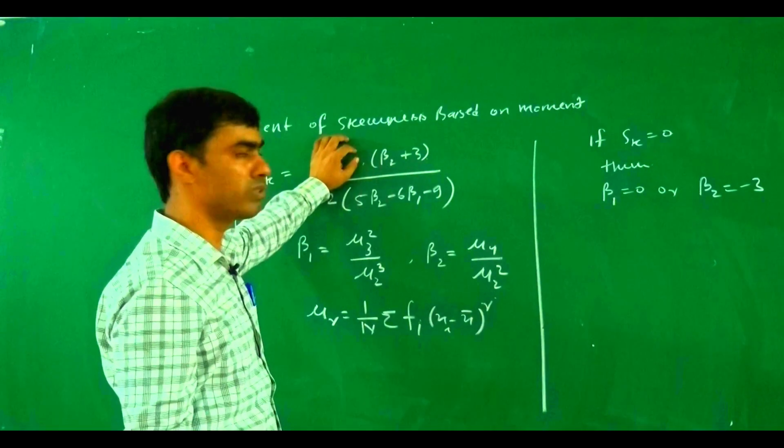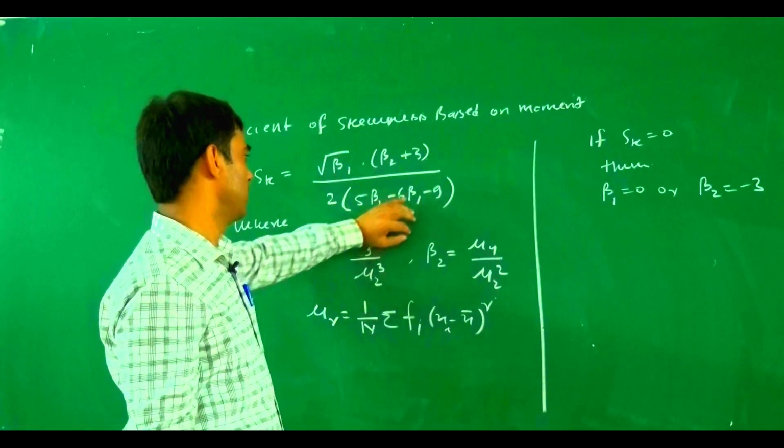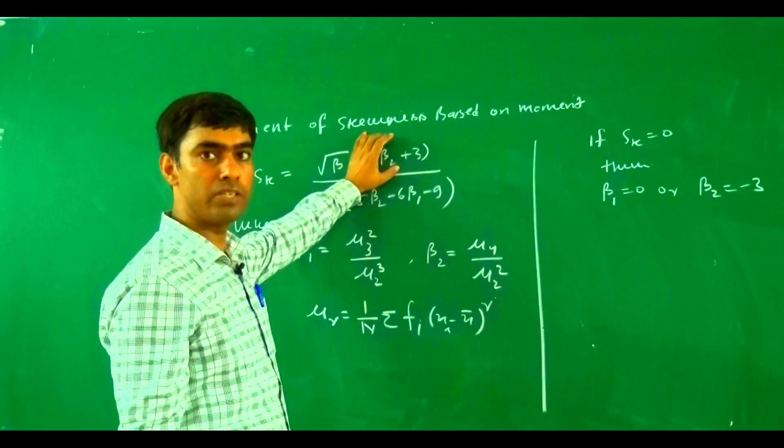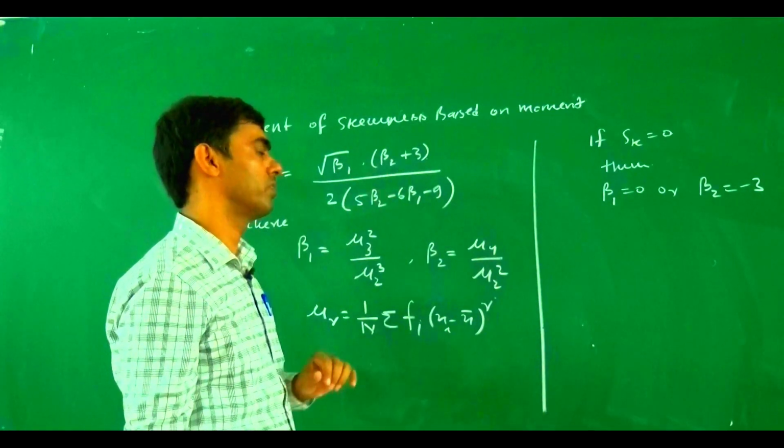Because if beta 1 equals 0, then the numerator becomes 0, and this will become 5 beta 2 minus 9. Second one, if beta 2 equals minus 3, then this one becomes 0.